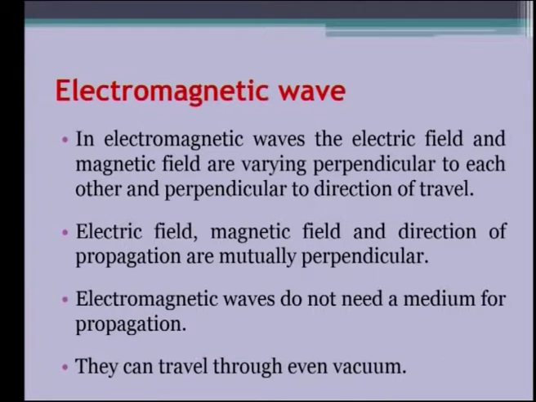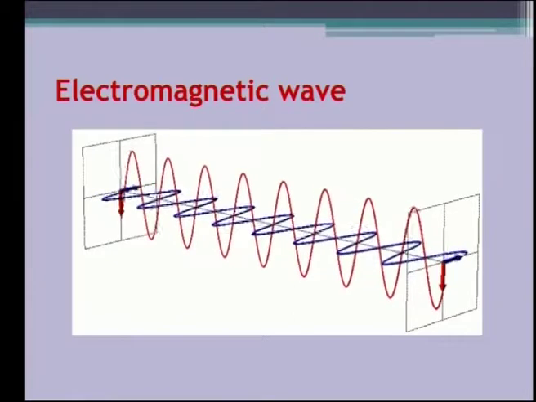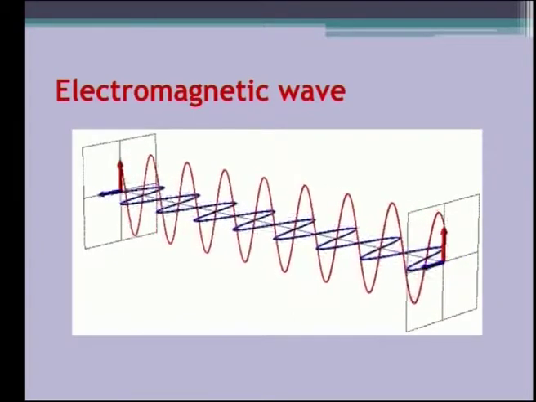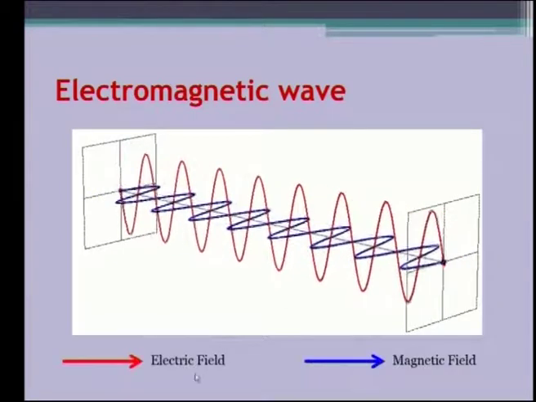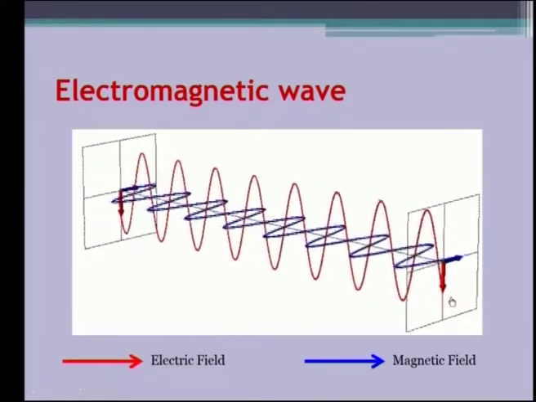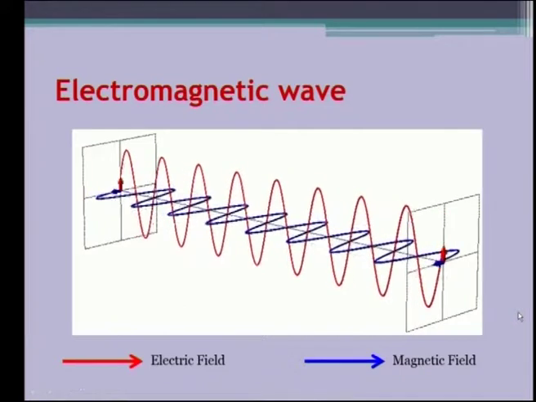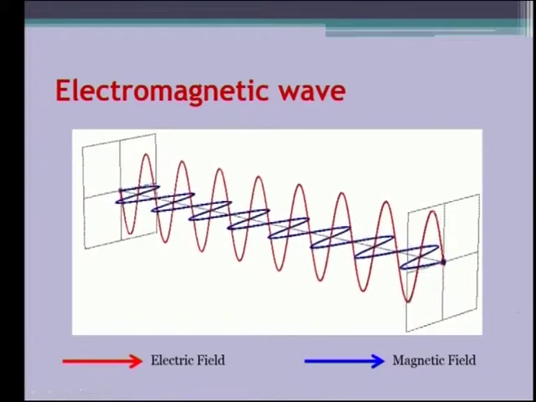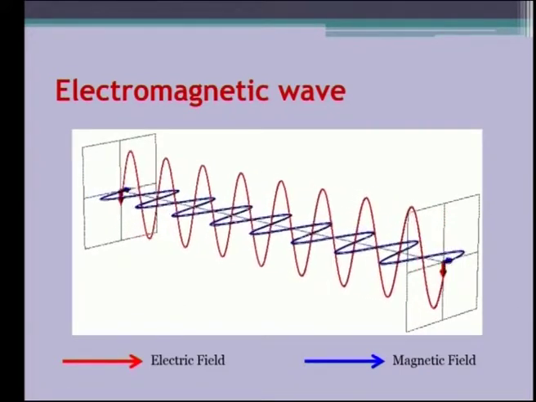About this also we will not learn much in these lectures, this is reserved for higher learning. This is how the electromagnetic wave exists. The red color shows the electric field and the blue color shows the magnetic field, they are perpendicular to each other and it could travel even in vacuum.